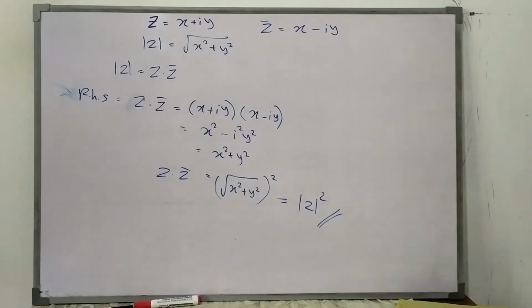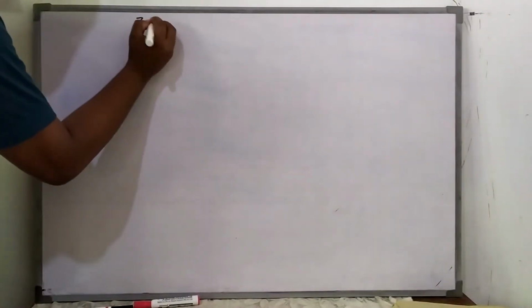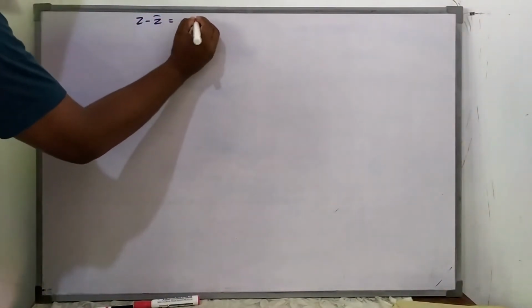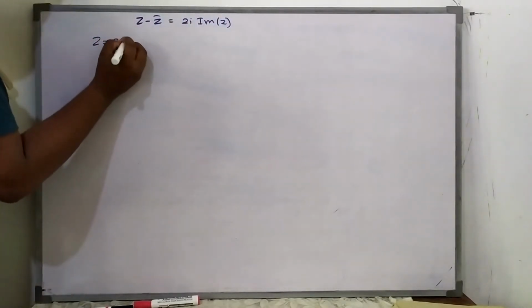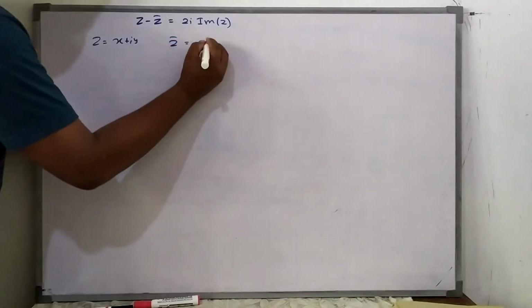So after that, the next one is z minus z bar equal to 2i imaginary z. So you know z equals x plus iy, z bar equals x minus iy.